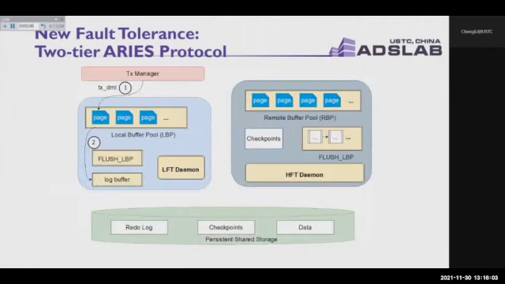Okay, so with this two-tier protocol, how does a write transaction work in our system? It works like this. The transaction manager first issues the command to cache the page. Assume that the page is locally cached; otherwise, we fetch it from the remote side or the persistent shared storage.